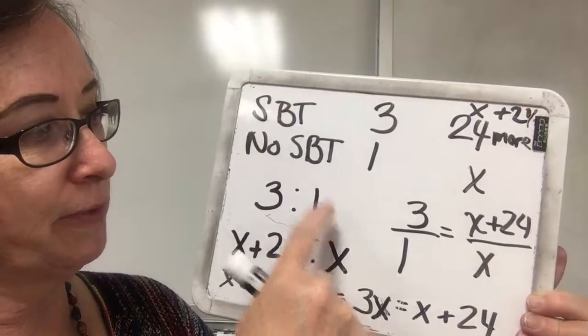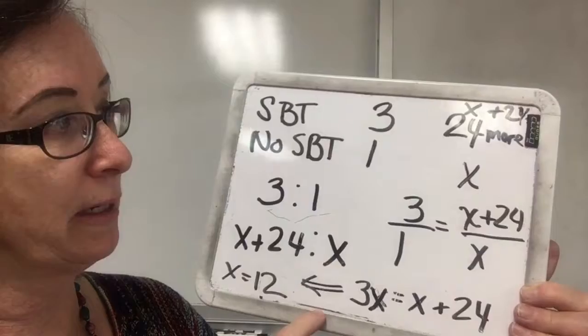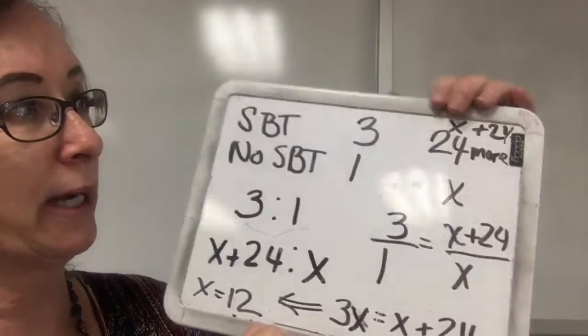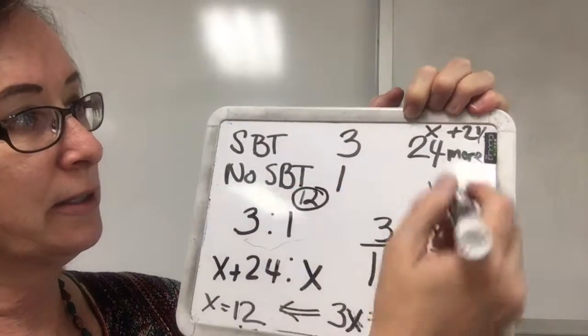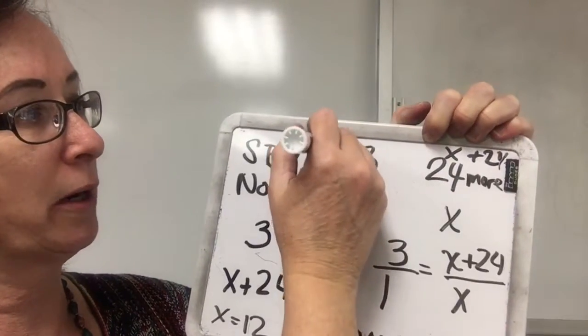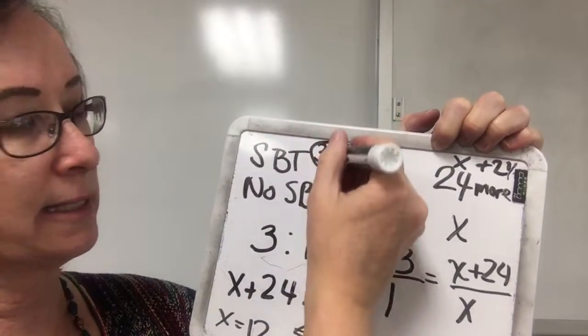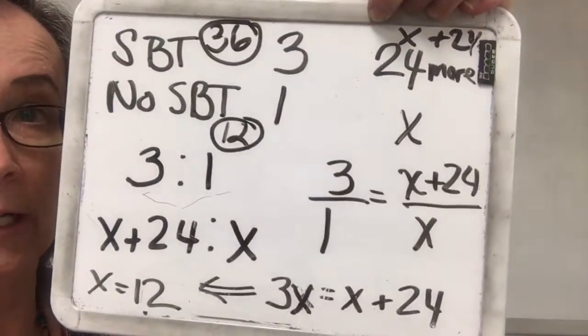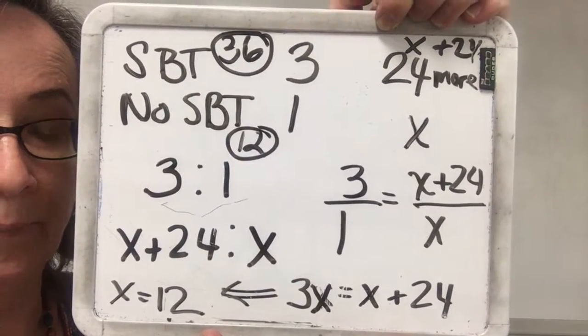Therefore, 12 times 3, or 36, will be the number that did take the spring break trip. So no spring break trip, that was 12 people. So 12 plus 24 is 36. And also you can see it is a 3-to-1 ratio. So that one was also pretty simple.